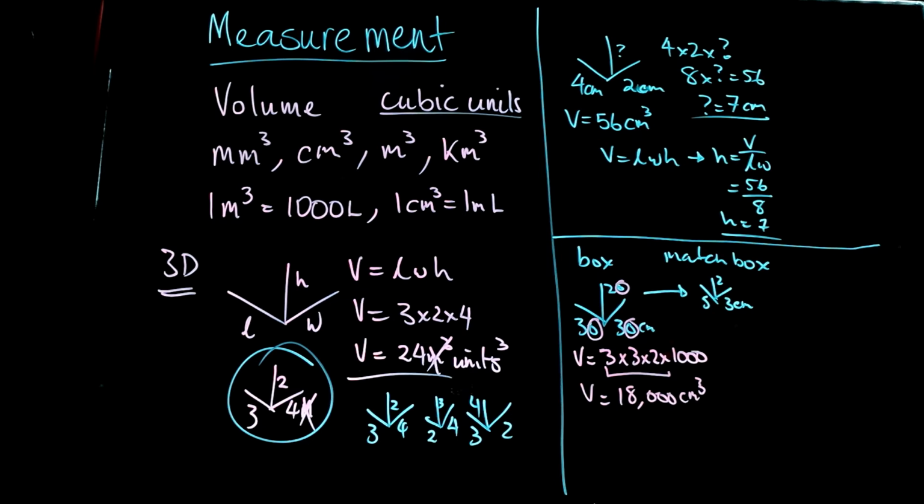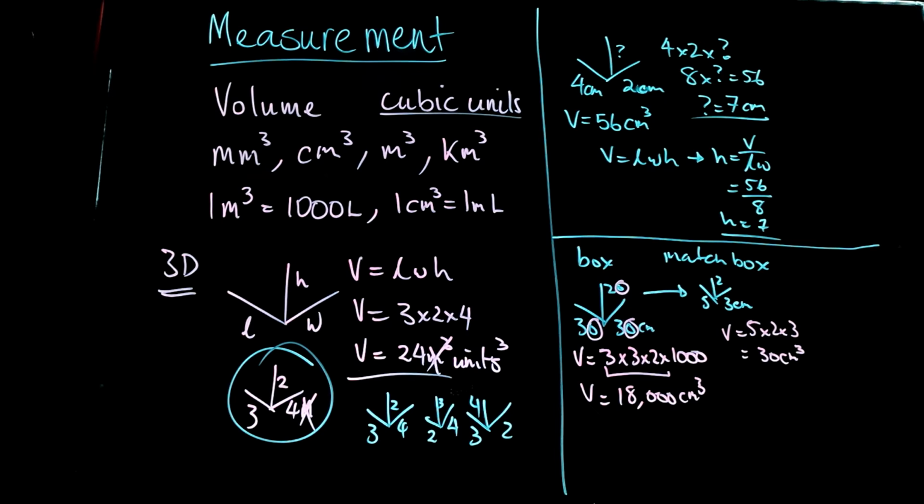And we can work out the volume of this guy here, 5 times 2 times 3, and we're at 30 centimeters cubed. So to work out the final answer here, we've got 18,000, how many 30 cubic centimeters fit in here?